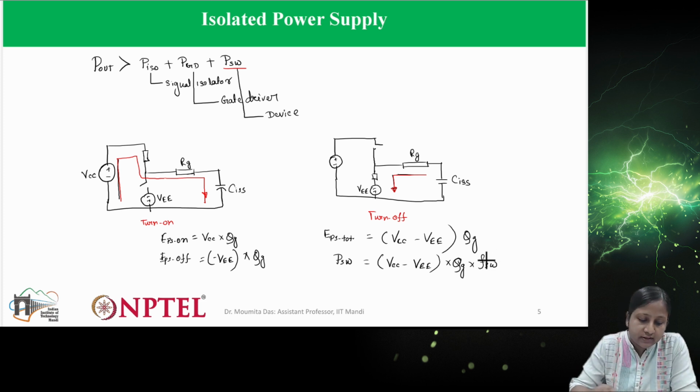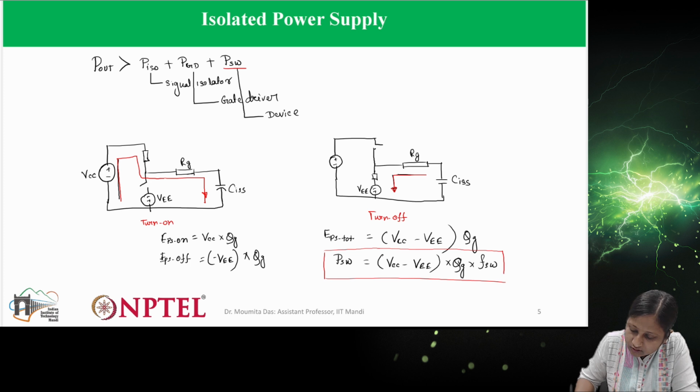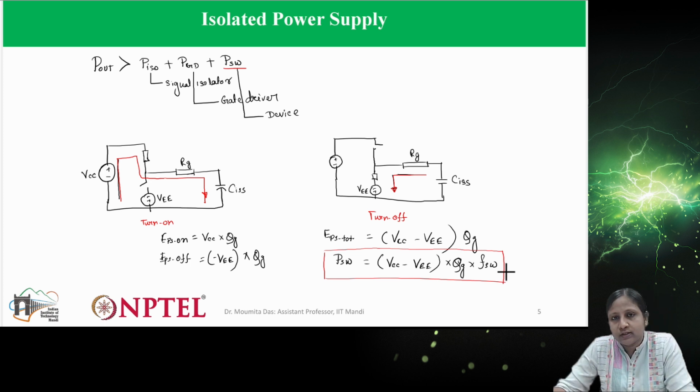As you can see from this expression, this switching loss depends on the frequency of operation, the supply voltages from the isolated power supplies, and the gate charge required.